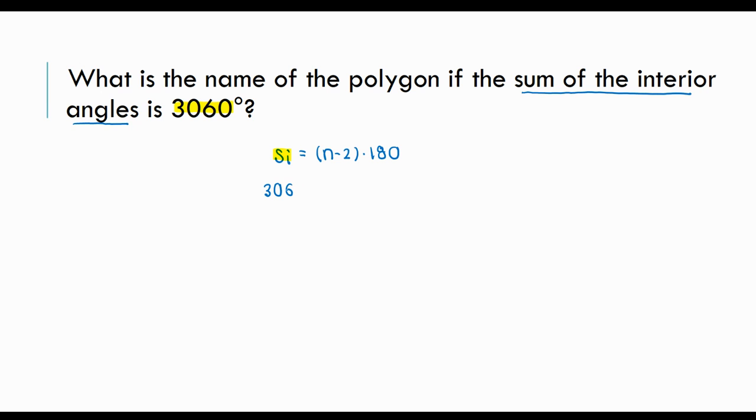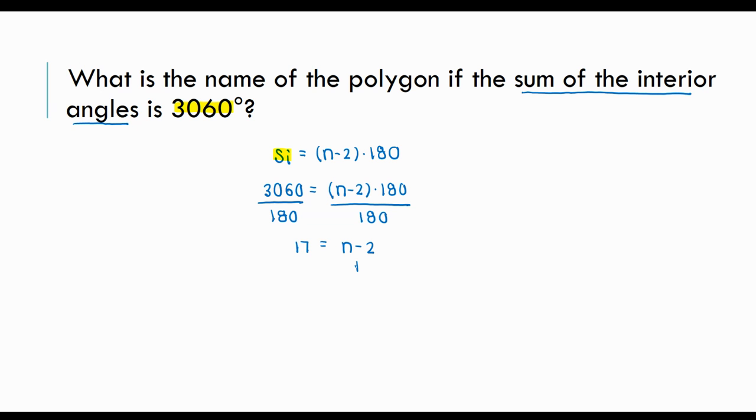So it's going to be 3,060 is going to equal n minus 2 times 180. So remember, I want to get rid of that multiplication first. So the opposite of multiplication is dividing. So 3,060 divided by 180 gives us 17. That still equals n minus 2.